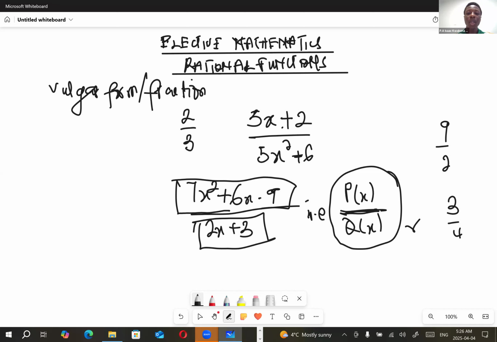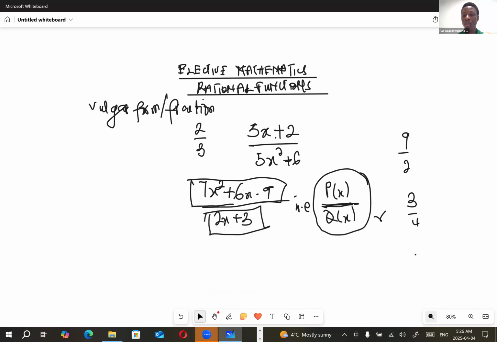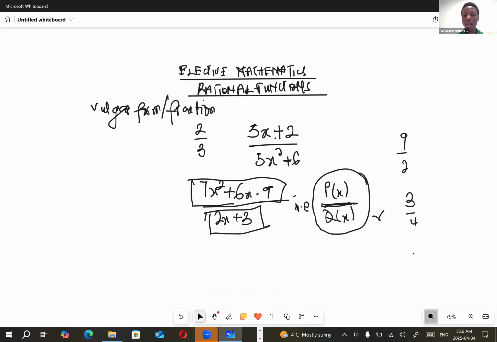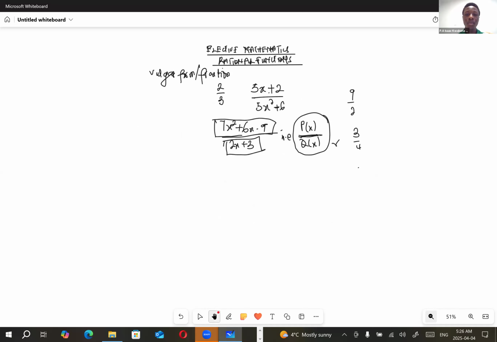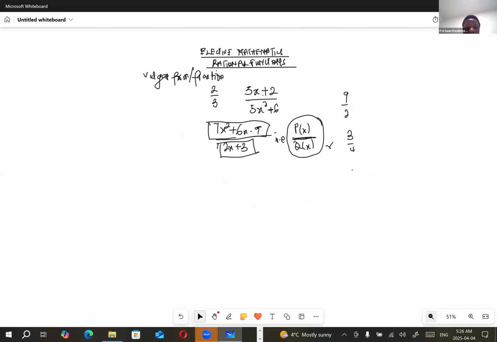Okay, so I want us to look at two kinds of fractions here. Can we move on? Yeah, let's move on. Okay, I'm able to reduce the size. All right. Thank you.